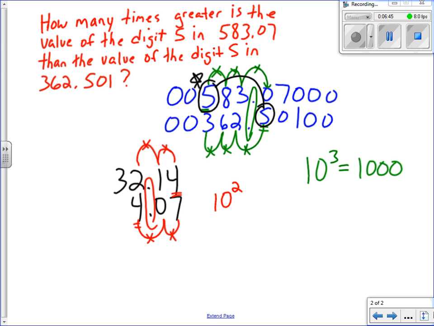That means it equals 100, because the exponent tells me how many zeros I have in the powers of 10. So the 4 in the ones place value is 100 times greater than the 4 in the hundredths place value. And once again, those are some examples that should help guide you through NBT1B. Thanks.